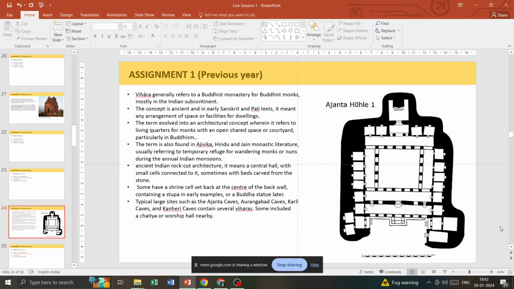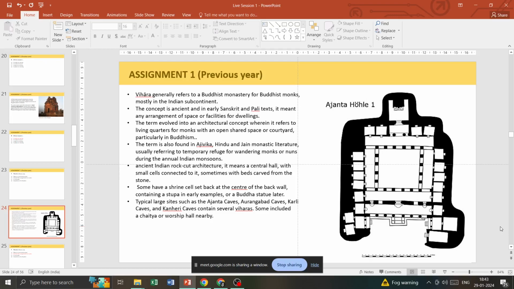So stupa in the earlier time and then Buddha statue in the later time. So sometimes there would be a central hall, there would be different cells or rooms of the monks, and at the back of the vihara there may or may not be a shrine where there might be a stupa or maybe the statue of Buddha.